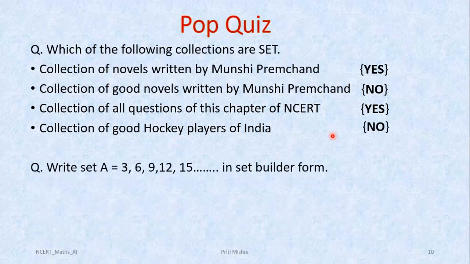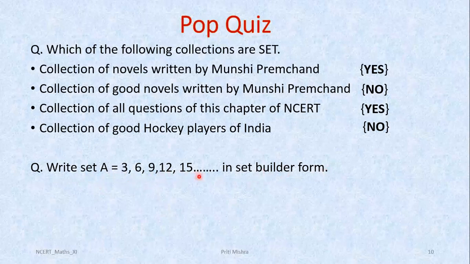Our next question is: write set A is equals to 3, 6, 9, 12, 15. I have missed writing it within curly braces, consider it yourself, please. Write it in set builder form. The question was, once again, I need to repeat, write set A is equals to 3, 6, 9, 12, 15 in set builder form.